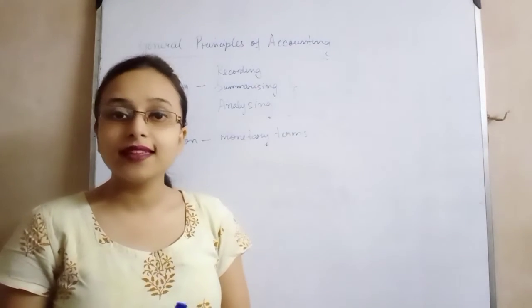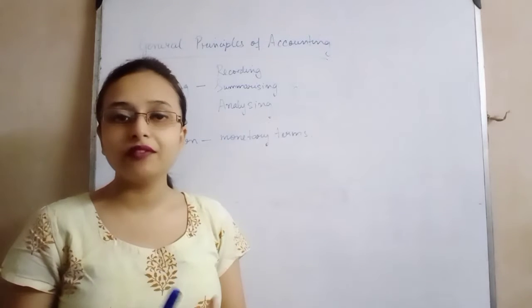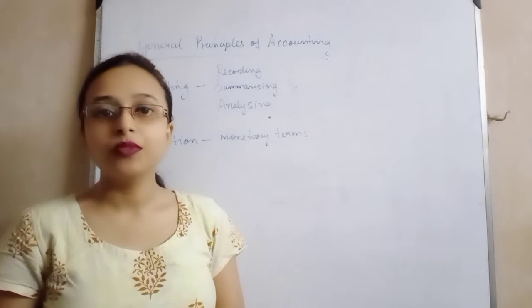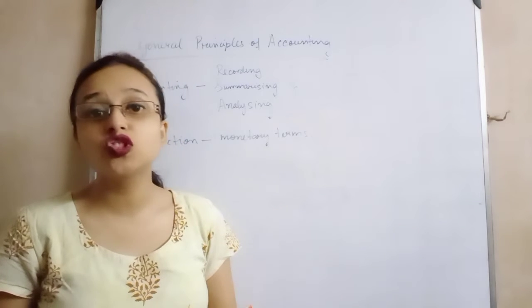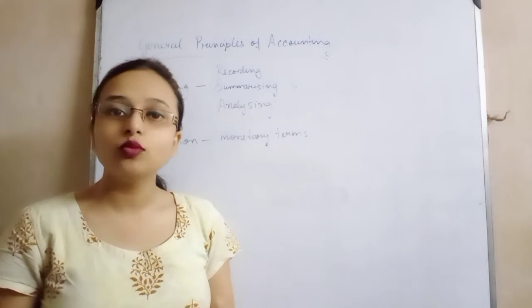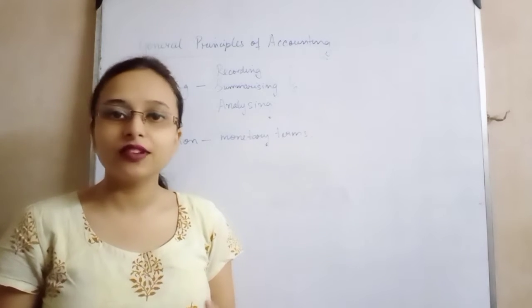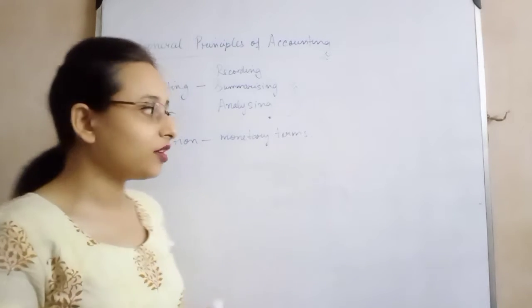Now coming to the sequence of accounting, how we will carry on with the process of accounting. First let me tell you, firstly we have to do journal, then we do ledger, then we do trial balance, lastly we do final accounts. Let me write down here.